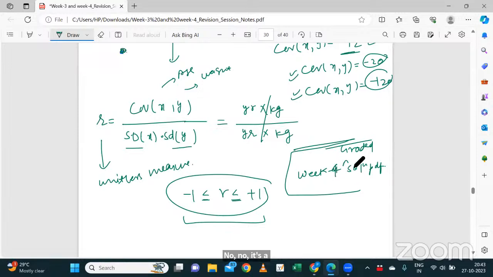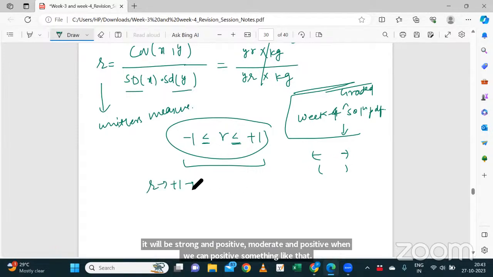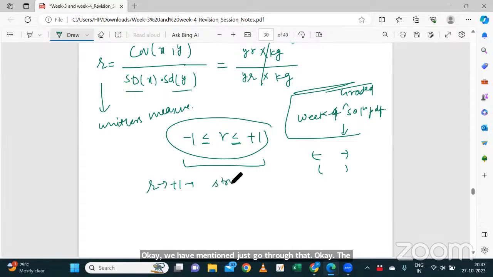Just go through the week 4 graded assignment solution PDF, in which we have mentioned all the limits: when it will be strong and positive, moderate and positive, weak and positive, something like that. Basically, if r is close to +1, that means strong and positive, and if r is close to -1, then strong and negative.